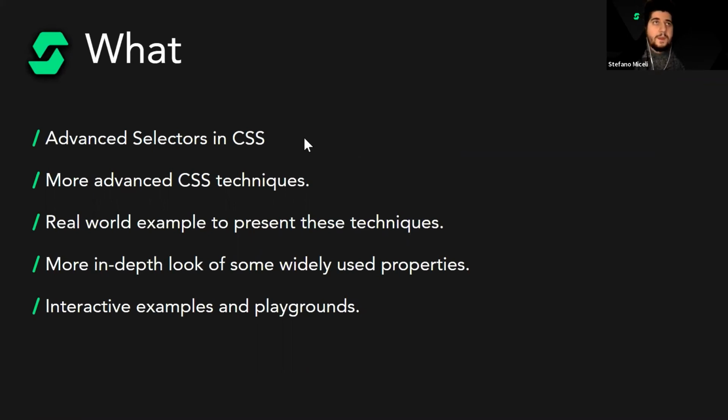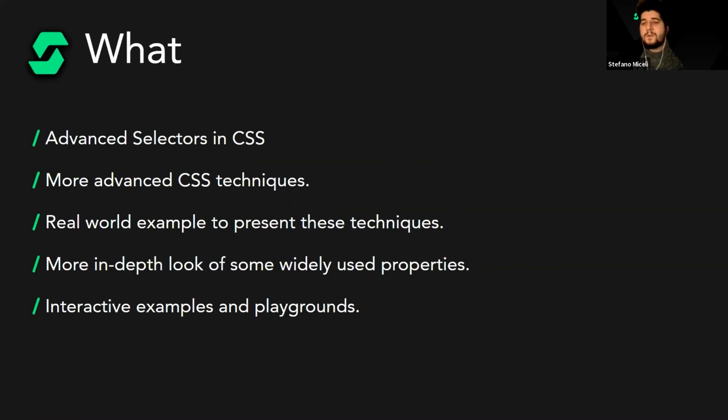Okay. So we're going to see also advanced CSS techniques, and we're going to use them in a real-world example to present those. So we'll have a more in-depth look at some widely used properties, and those are very recurring ones. With what we are going to see today, you'll be able to achieve pretty much 85% of what you need to do, just by mastering everything that we're going to talk about today.